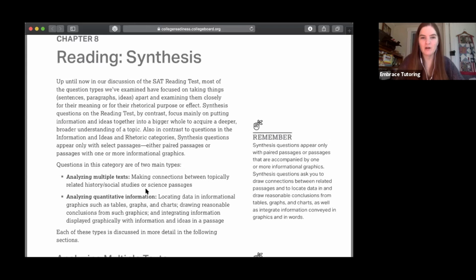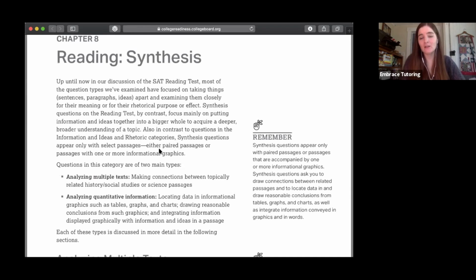And for those of you who are not familiar with what I mean by different levels of knowledge, I mean how deeply you understand something, and what you're able to do with that information, to demonstrate your understanding or take it beyond what you know, and turn it into something new. So what synthesis type questions do, as they say here, is focus mainly on putting information and ideas together into a bigger whole to acquire a deeper, broader understanding of a topic.